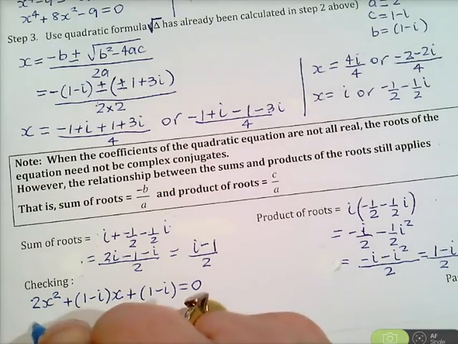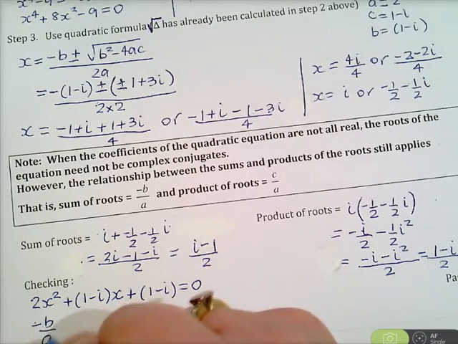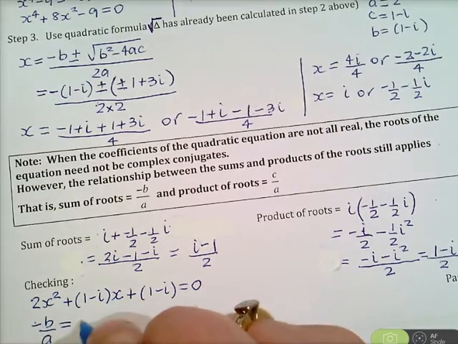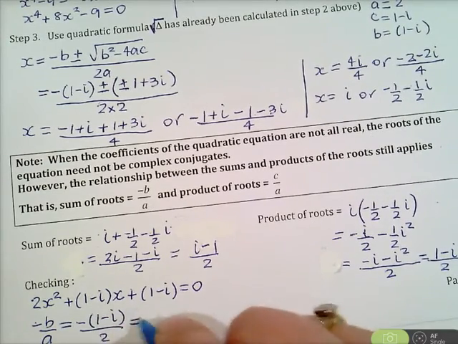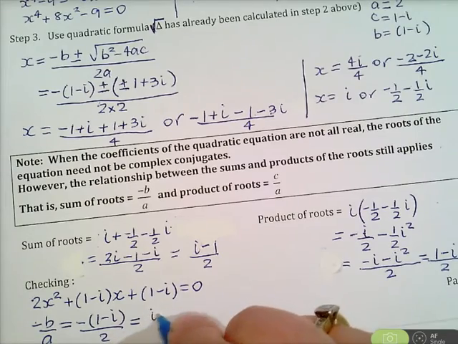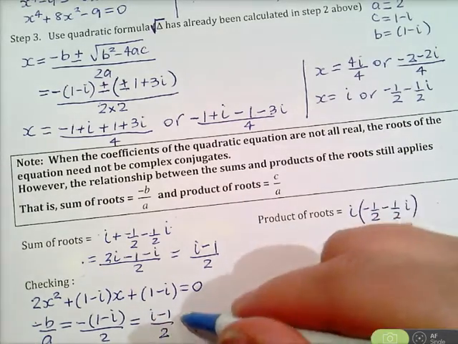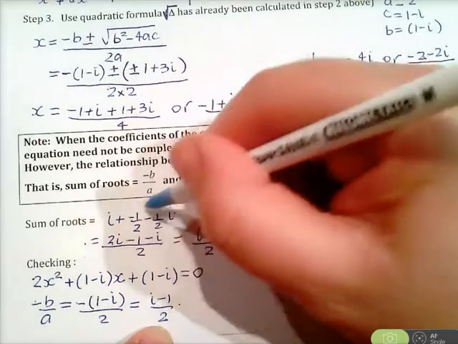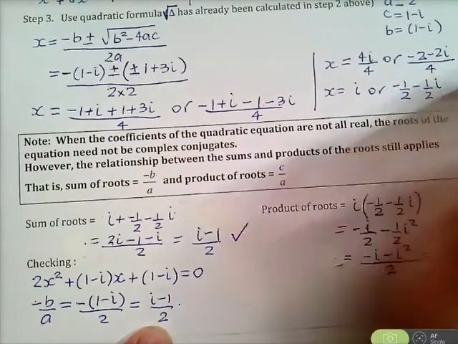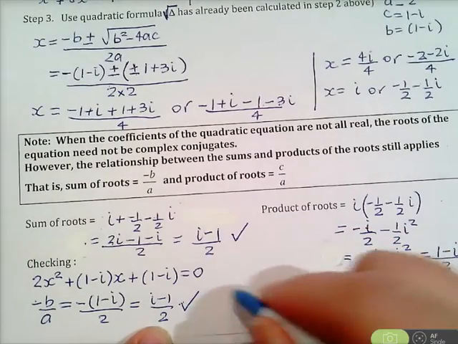So if I look here at minus b on a, which is sum of roots, I get minus (1 minus i) over 2, which happens to be i minus 1 on 2. That is the same as what I got here for the sum of the two roots that I worked out over there. So that's correct, okay?